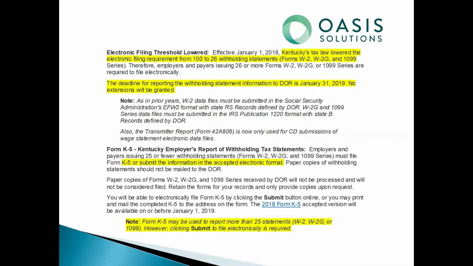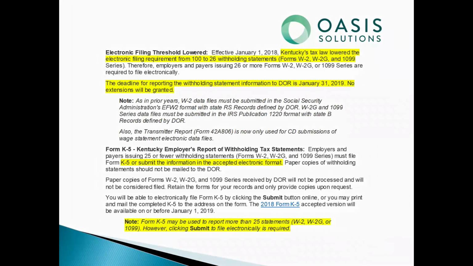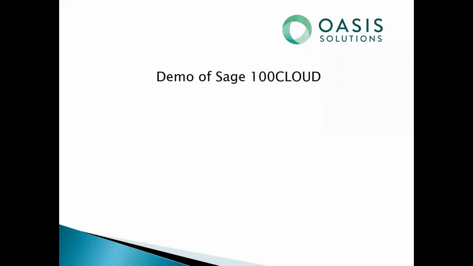If you're not familiar with that, you can go out to irs.gov and determine that information. And again, if you're outside of Kentucky, you would need to check to see if you're required to do that. I just wanted to bring that to your attention.